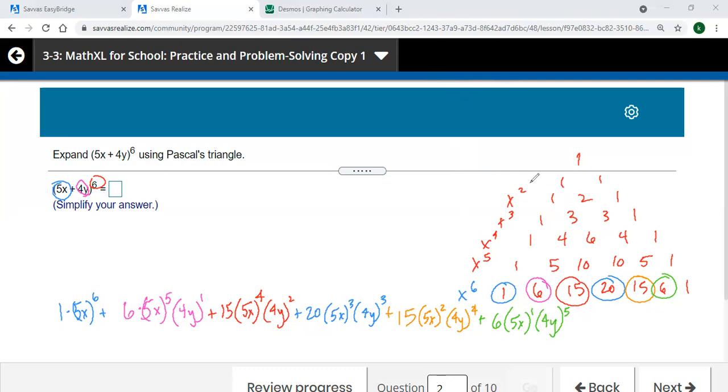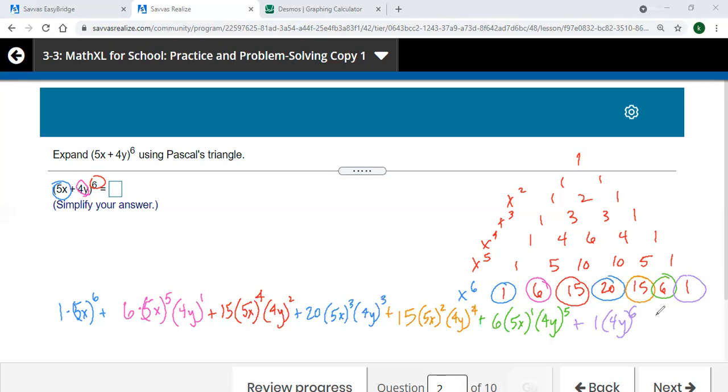And then we've got to get one more here, right? And we'll have it. So this one, the 5x to the 0 is just going to be gone. So this is just going to be my 4y to the 6th.